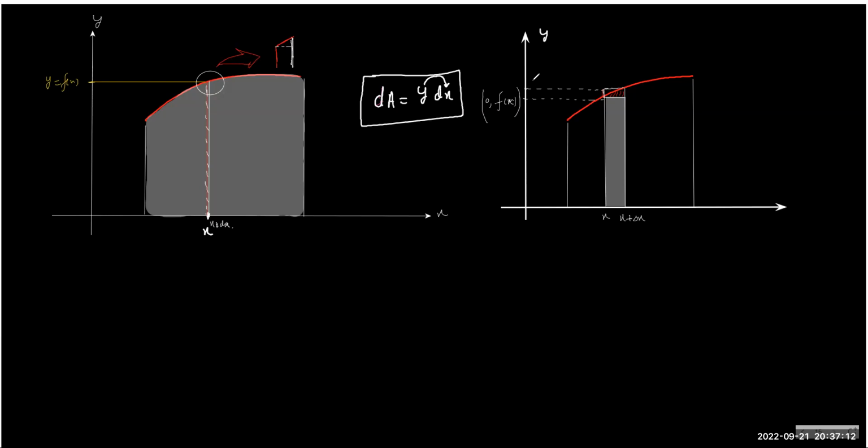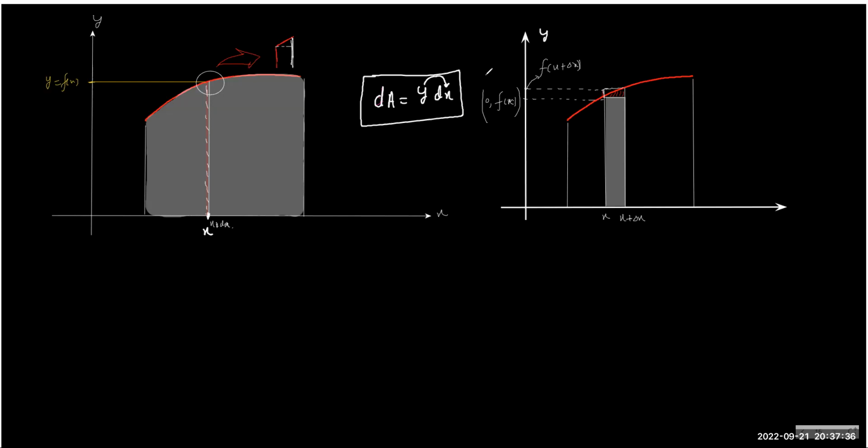What will happen if I choose this as f(x plus delta x)? If you choose the right one as the height, you will end up getting extra area, isn't it? Yes or no, guys? Tell me. Yes, sir. So the actual area will be less than or in between these two extremes.